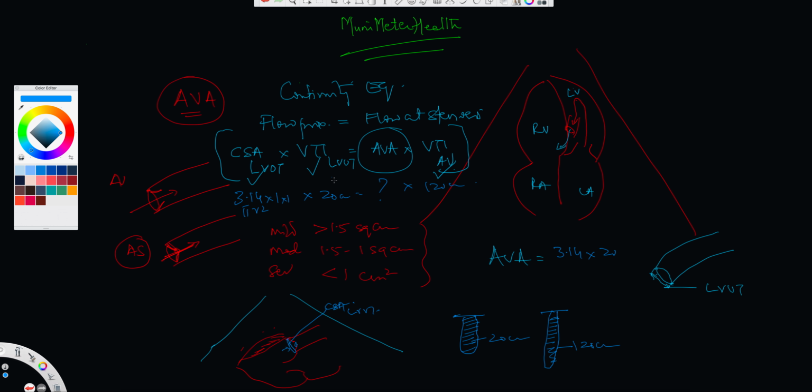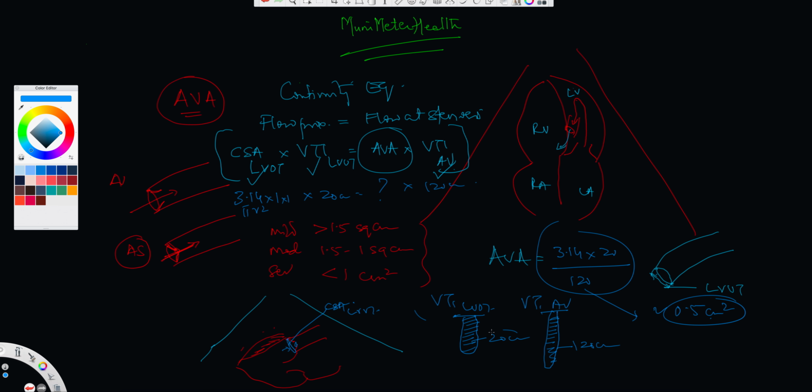That's your VTI LVOT divided by this 120 will become the denominator, and therefore the AVA is roughly approximately 0.5 centimeters square, right? So if you calculate this, it comes out to 0.5. So that means it's a severe stenosis depending upon the VTI that you calculated at the aortic valve level and the VTI that you calculated at the LVOT level.